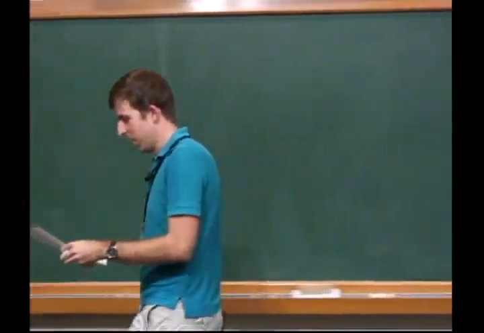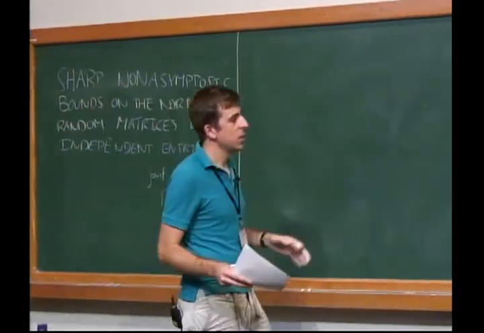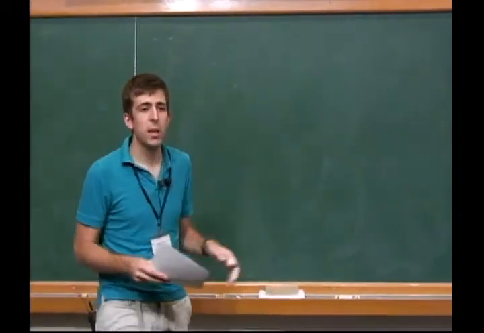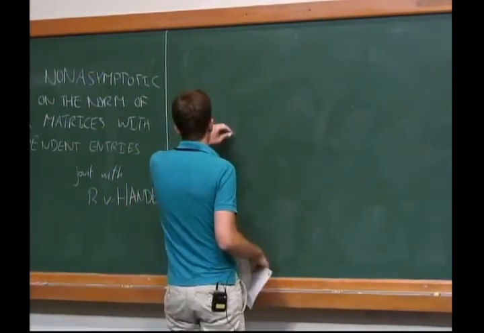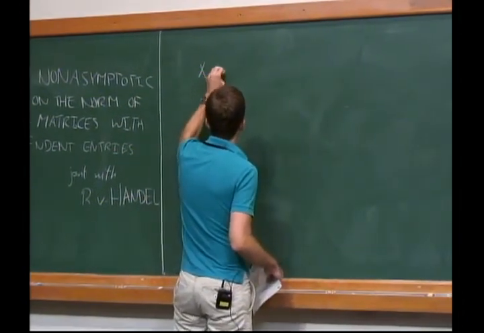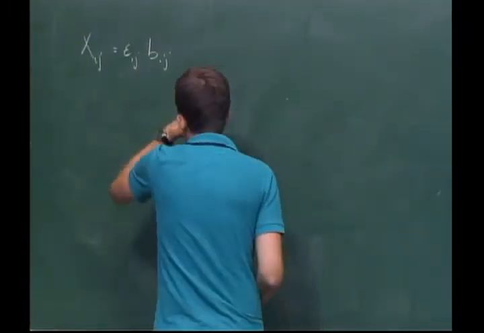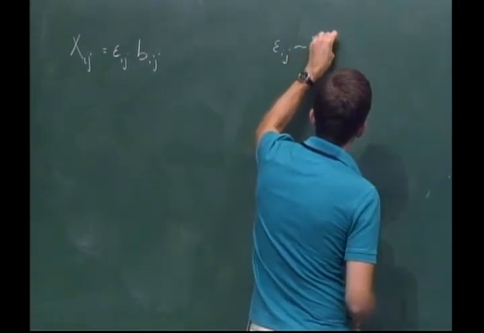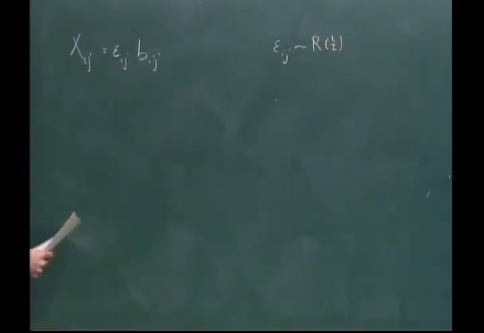I'm not sure. Okay, so let's now shift gears a little bit and look into the example of Rademacher random variables. So again, the matrix is X_ij = epsilon_ij b_ij, where epsilon_ij is Rademacher, so it's -1 with probability half and 1 with probability half.